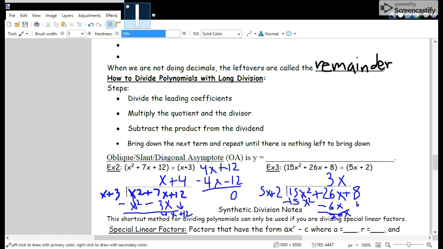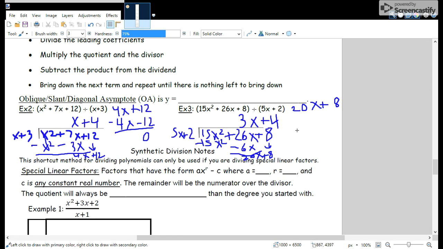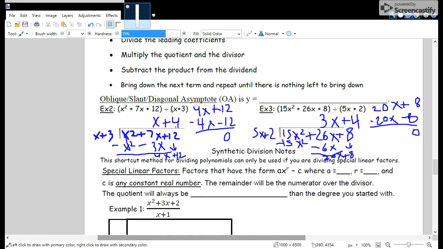Bring down the 8. So 20x plus 8. Divide: 20x divided by 5x is 4. Okay, 4 times 5x is 20x. And 4 times 2 is 8. Subtract. You have no remainder. It's 0. Your quotient is 3x plus 4. So neither of these examples have an oblique asymptote.